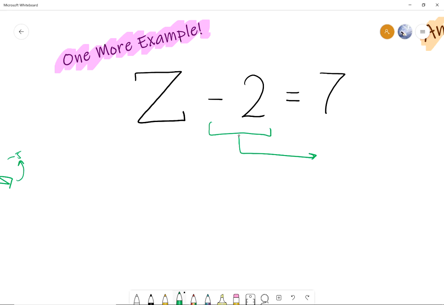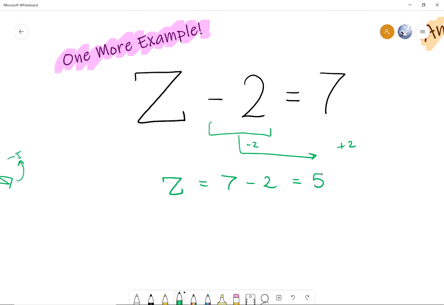So the minus 2 appears on the other side as what? 7 minus 2? Well, if it is subtracting on this side, then it has to appear on the other side adding, correctly? So 7 plus 2? 7 plus 2, that's right. So if it's minus 2 here, then it's going to appear on the other side as plus 2. So what I get is that z equals 7 plus 2, which is, how much is 7 plus 2?